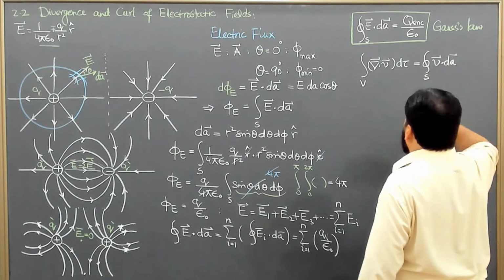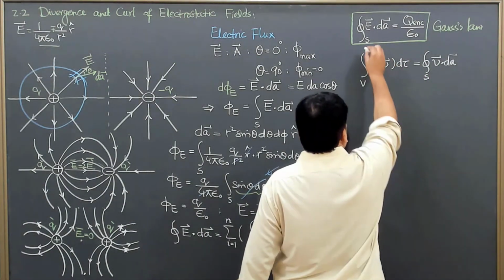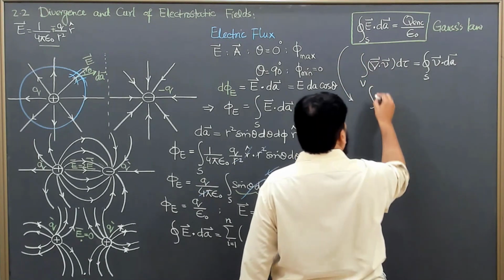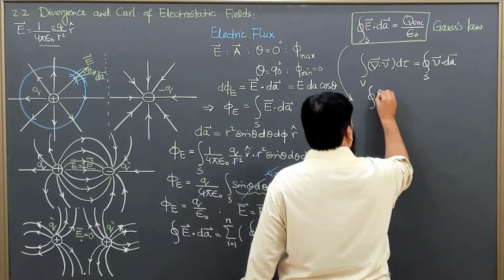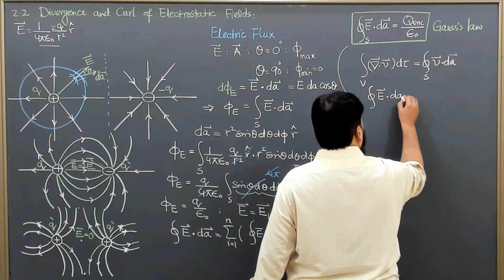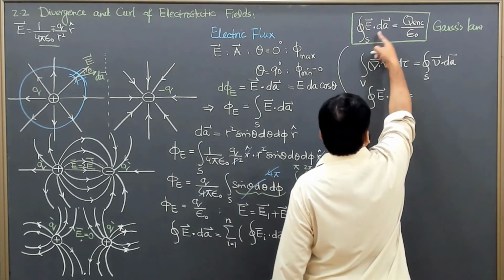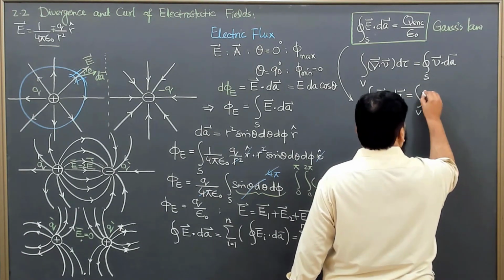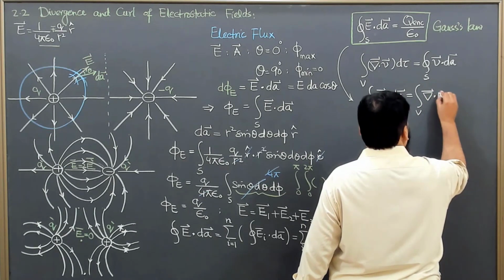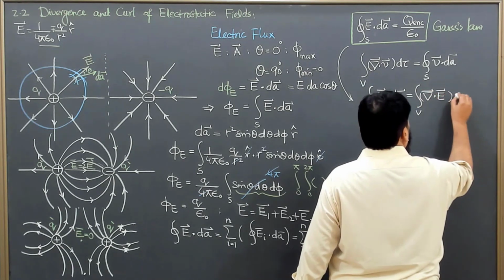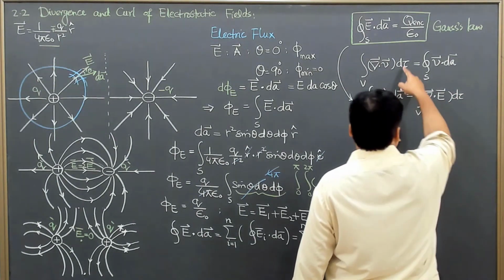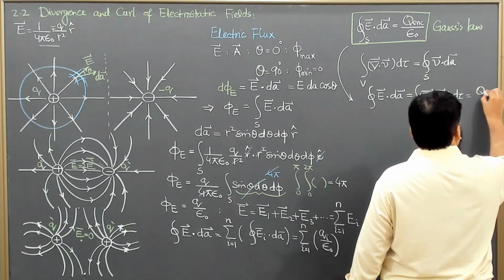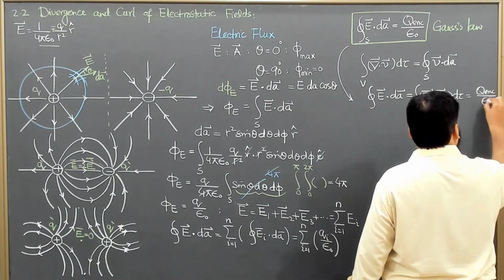Replacing V by E, I can write the integral on a closed surface of E dot dA as the integral on the whole volume of the divergence of E, d tau, and this is equal to Q enclosed by epsilon naught.